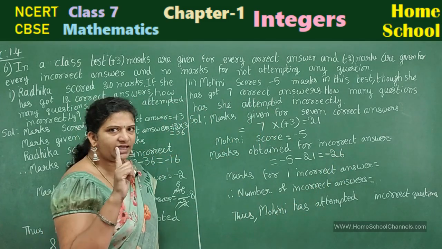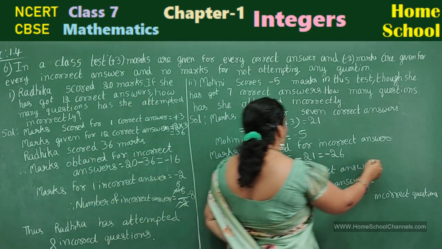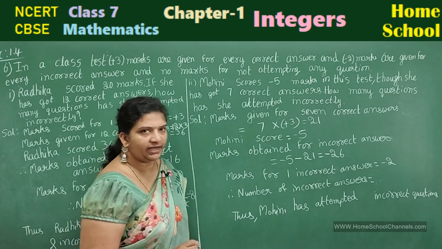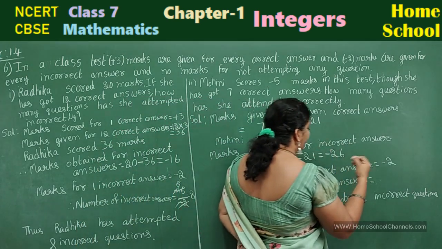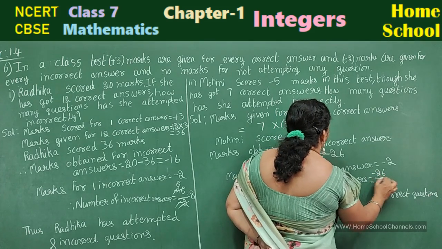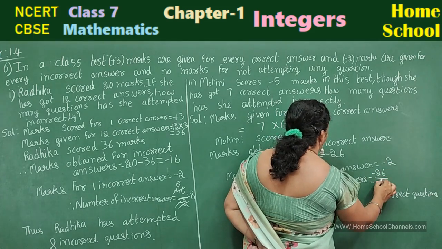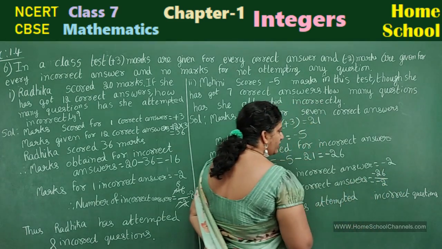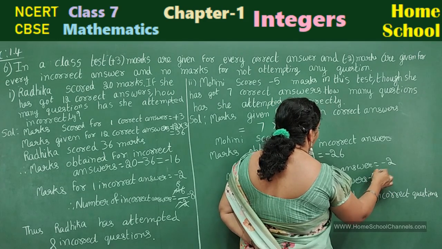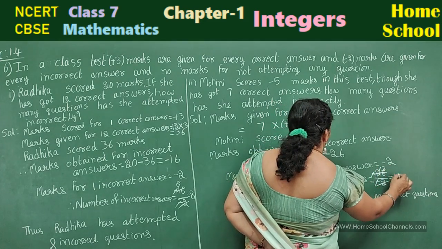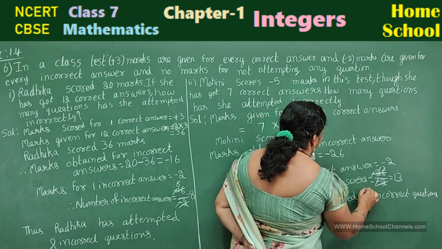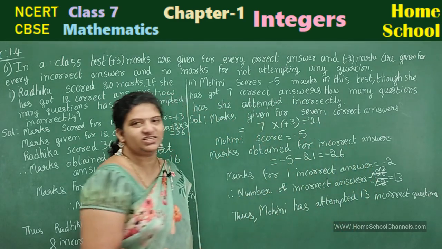Marks for one incorrect answer is how much? Minus 2. Therefore, we need to find the number of incorrect answers. That means total score of incorrect answers divided by each incorrect answer. How many is she going to score? Minus 2. Minus minus cancel. 2 13s. That means Mohini has attempted 13 incorrect questions.